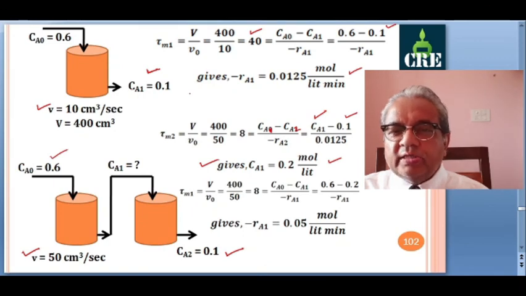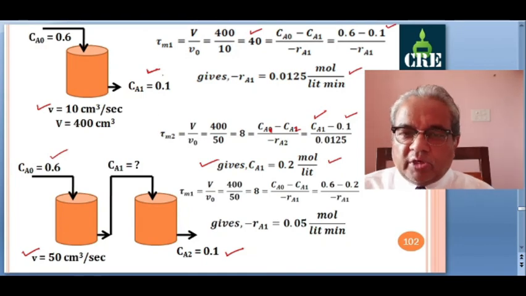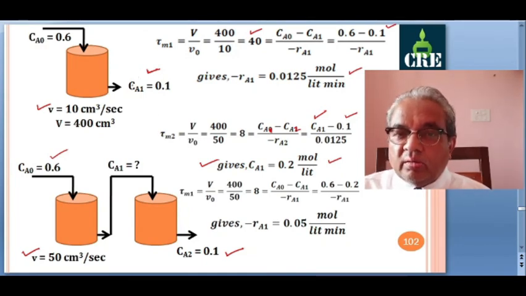Both reactors are operating in series, and we have a color indicator which indicates that it has reached 0.1. Immediately below that it shows the indication. So that means here at 10 centimeter cube per second, and this further goes to the second reactor, but we are not bothered about that information right now, because this we know, and all this data is used as if only one reactor is there.